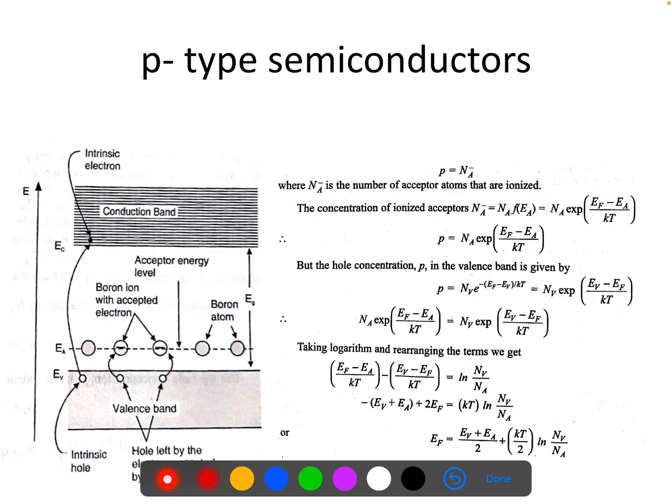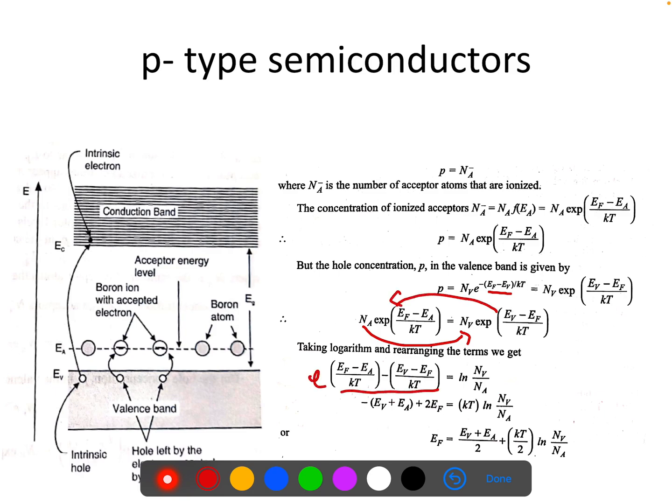Now the number of holes, if you calculate it from the previous in the valence band, you get this EF minus EV. This should be equal to whatever we have found now, because you are calculating the number of holes only. Equate both of them. You take this Na this side, this expression this side, so this is what you are getting.